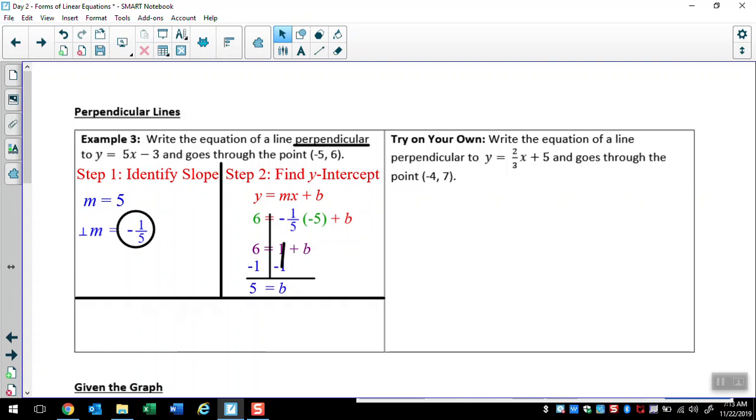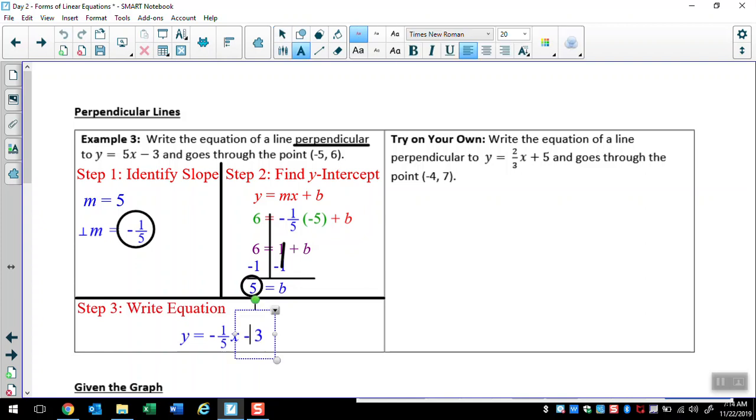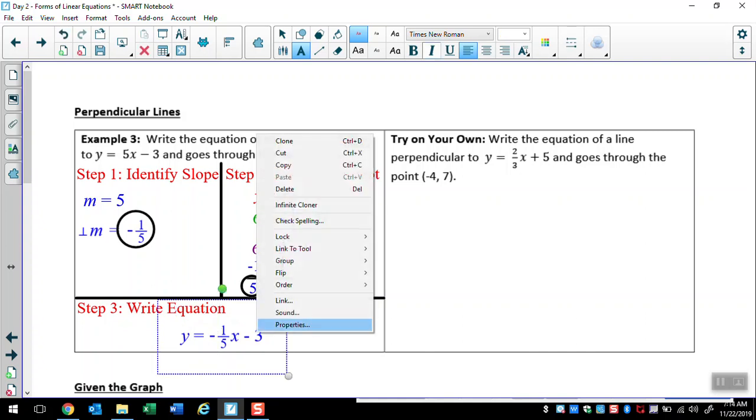All right, now that I have my slope and my y-intercept, I can use these to write my final equation. My final equation is y equals -1/5 x. Oh, and I have a typo in here. Hold on, sorry about that.